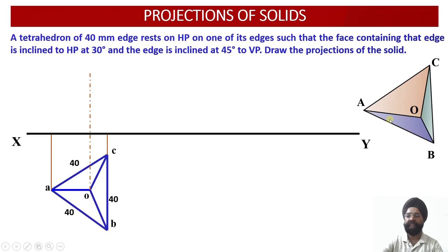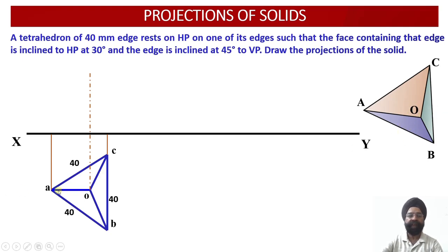They are all true lengths of 40 millimeter, because this triangle is also equilateral. This triangle is also equilateral, and the OBC triangle is also equilateral. So OAB, OAC and OBC, all these triangles are equilateral. That is how we get the construction of the tetrahedron.